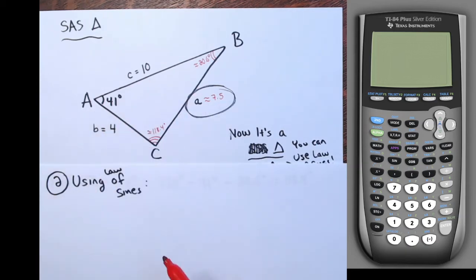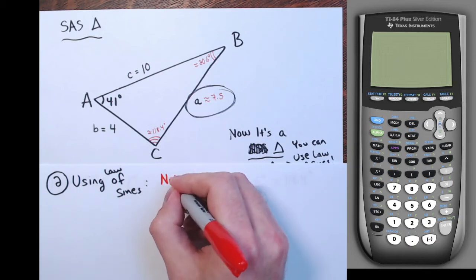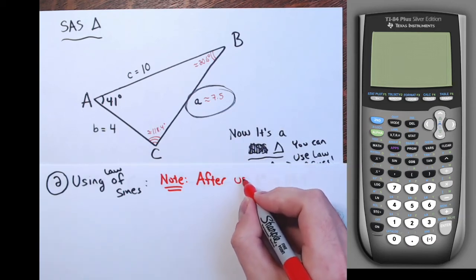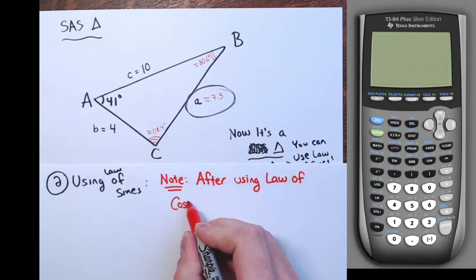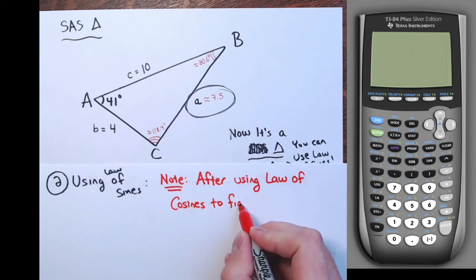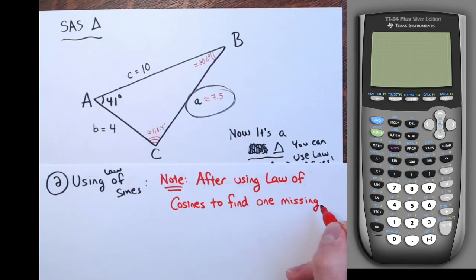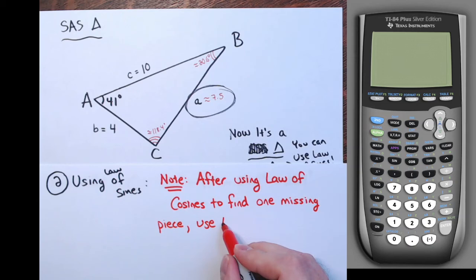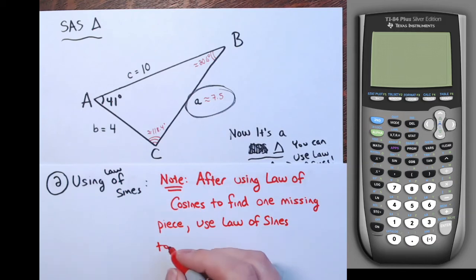So I would say to you, here's a hint: after using the law of cosines to find one missing piece, this opposite side, use the law of sines to find the smaller remaining angle.